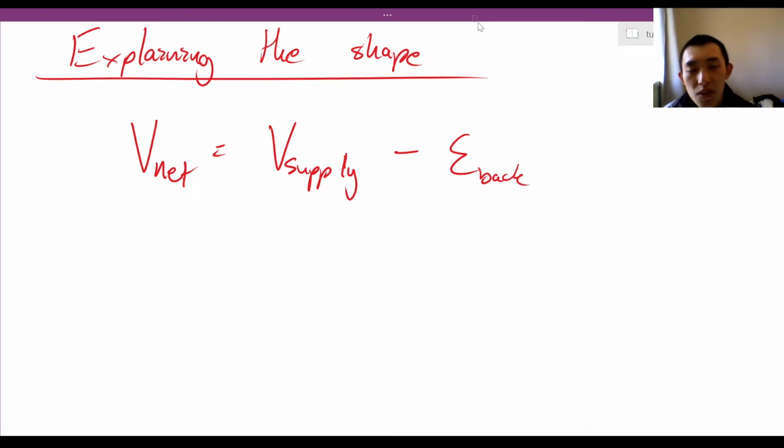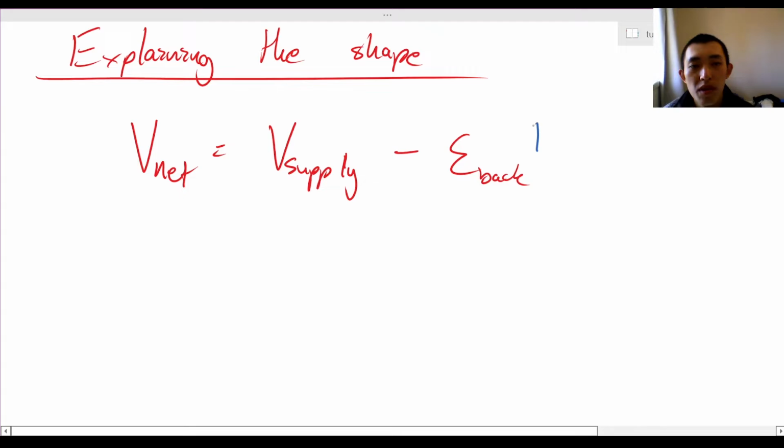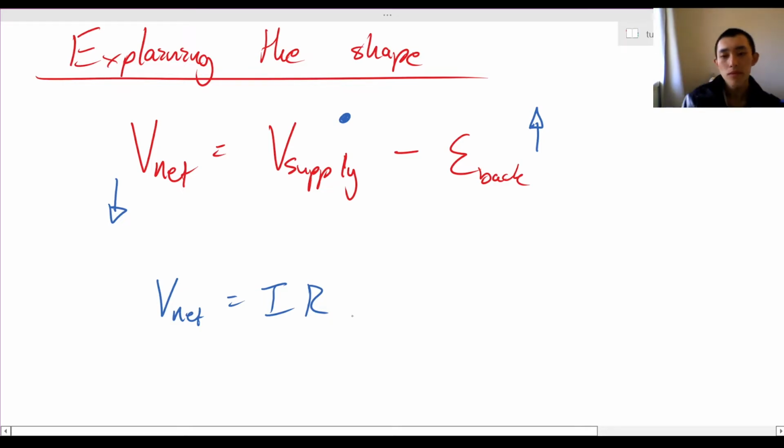So this means that as we increase our back EMF, and V supply stays constant, we're going to be decreasing our V net. You might say, so what? Well, we know that V net is equal to IR, Ohm's law. So if we decrease our V net, we'll be decreasing our current.